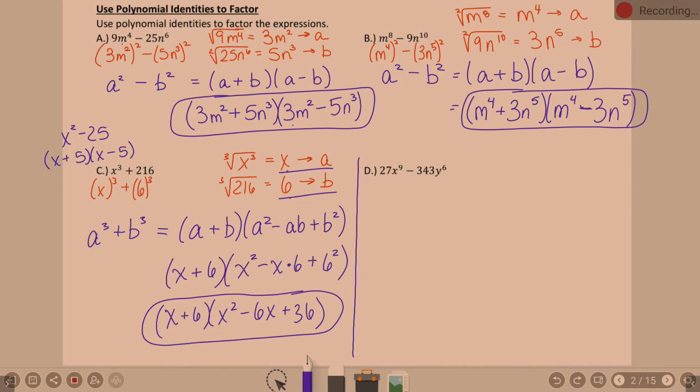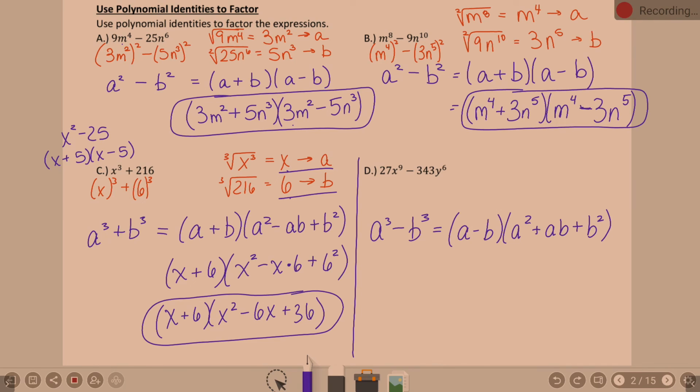Okay. So this is going to fit into the form a cubed minus b cubed, which is a minus b times a squared plus ab plus b squared.